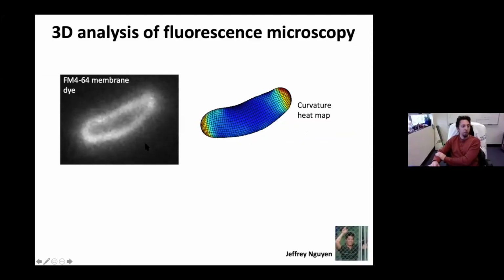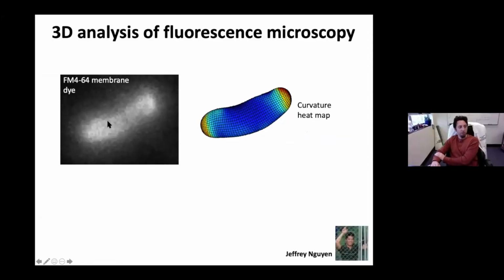So what we developed is a three-dimensional way of imaging the bacteria. So what we'll do is we'll take a picture at the top and then just move down through the cell and take a whole bunch of different stacks, which I'll show you in a second. And then we can take those and put them all together and get a pretty accurate representation of what this cell looks like in 3 dimensions.